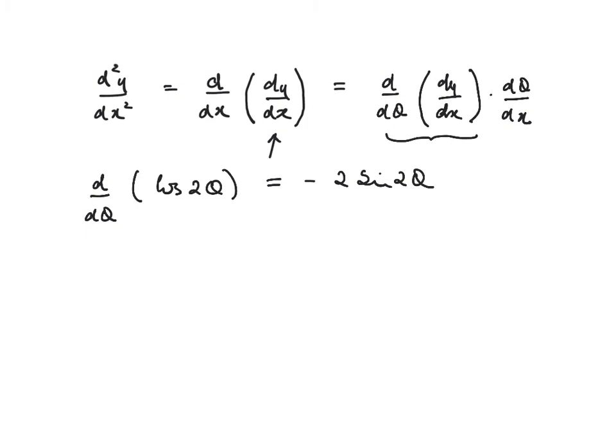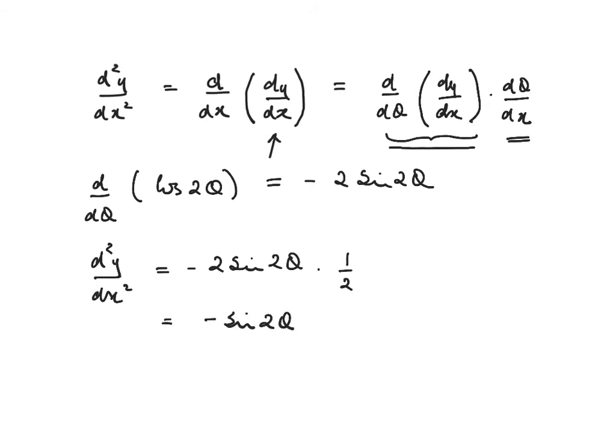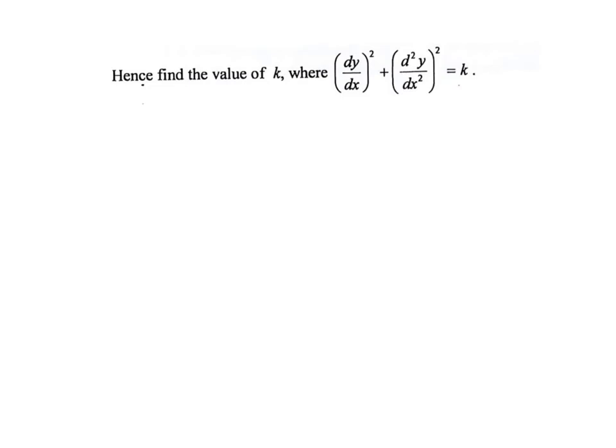So d2y by dx squared then is minus 2 sine 2 theta, that's this part here, and we already know that this part is 1 over 2, the 2's cancel, and we're left with minus sine 2 theta. Now, dy by dx, that's cos 2 theta, so dy by dx squared plus d2y by dx squared.